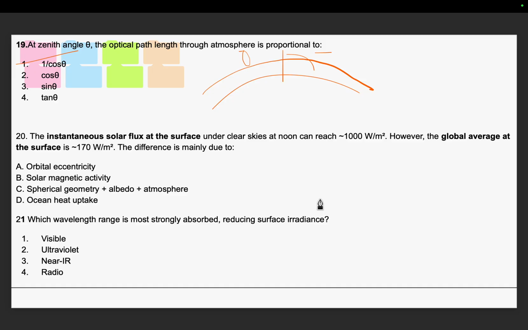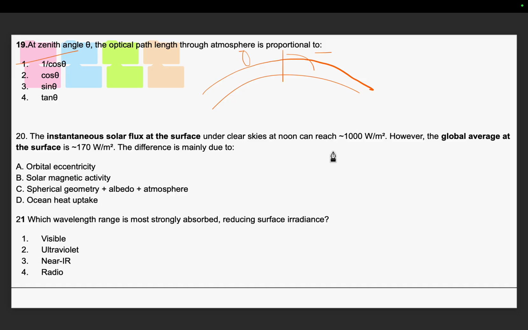Question 20: the insolation solar flux at the surface under clear skies at noon reaches up to 1000 watt per meter square. However, the global average value at the surface is about 170 watt per meter square. This difference comes due to what effect?